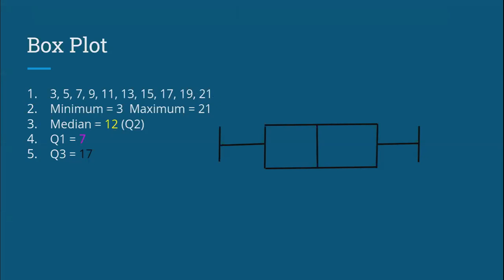Okay? Now, what you should have found was this data set has 10 terms. So when a data set has an even amount of terms, how do we find the median?